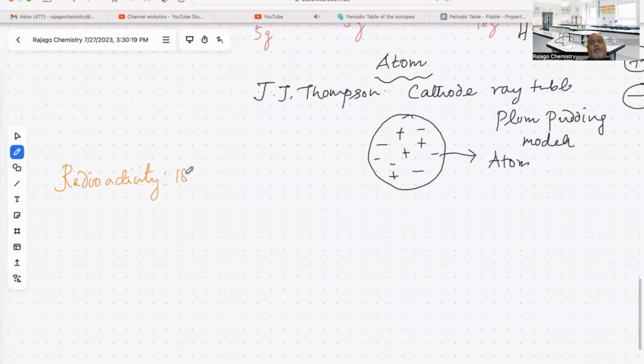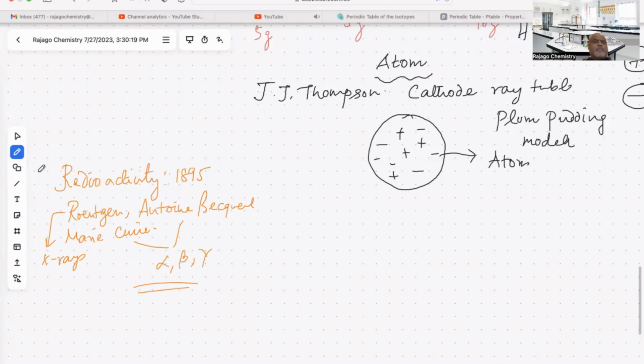So around 1895, Röntgen, Antoine Becquerel, and Marie Curie were working on this. Röntgen was working on X-rays, and Becquerel and Curie were working on the alpha, beta, and gamma rays.